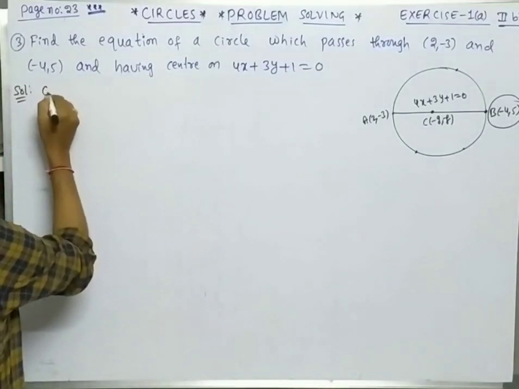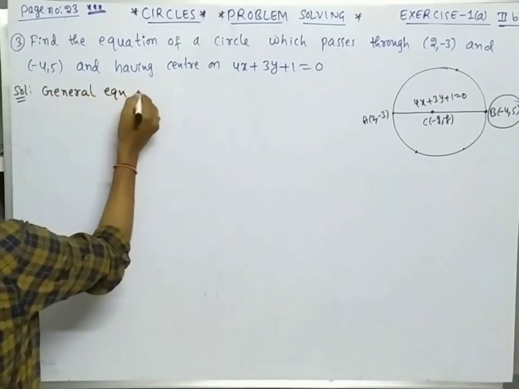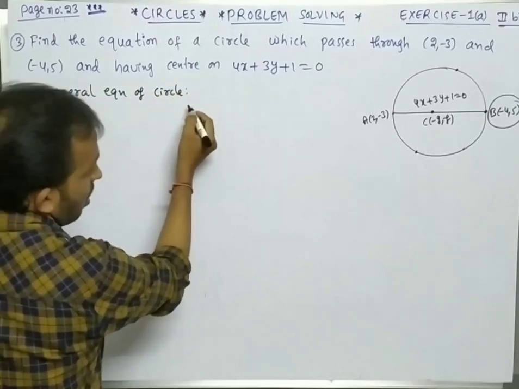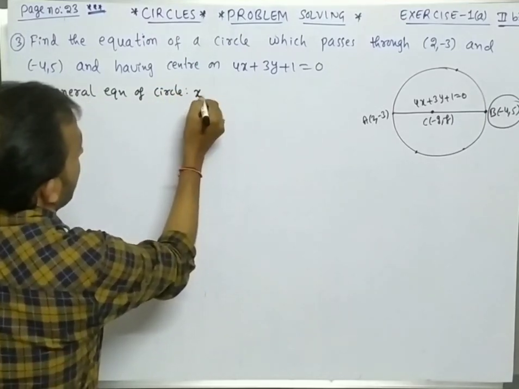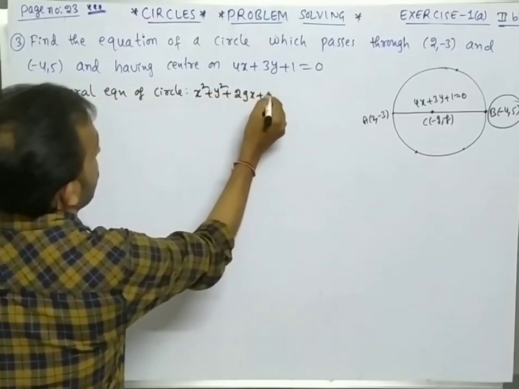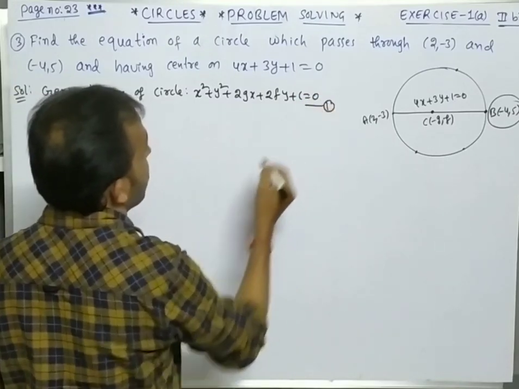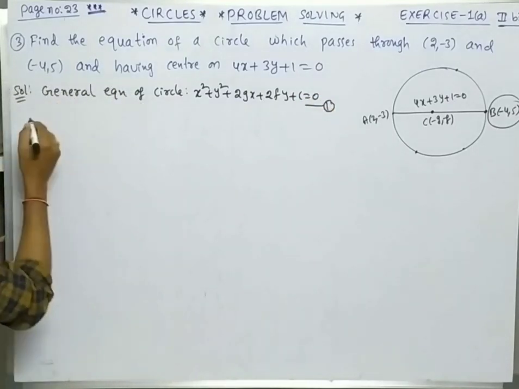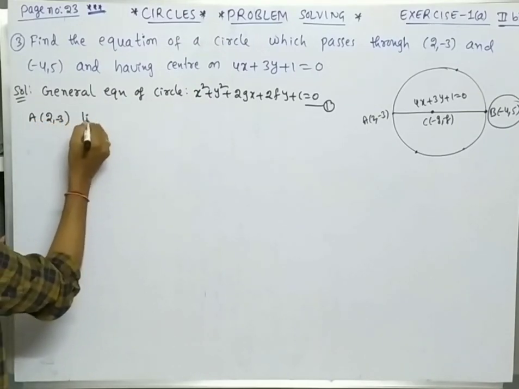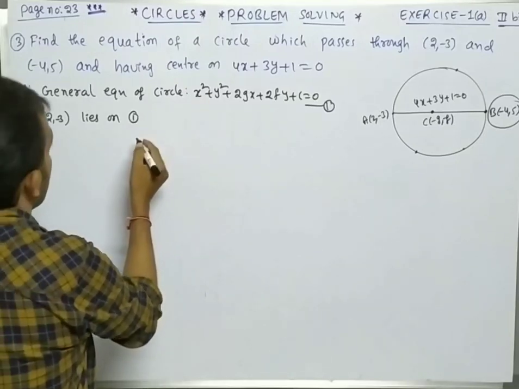First, the general equation of the circle: x squared + y squared + 2gx + 2fy + c = 0. Equation number 1. Now first, (2, -3) lies on 1, so substitute.